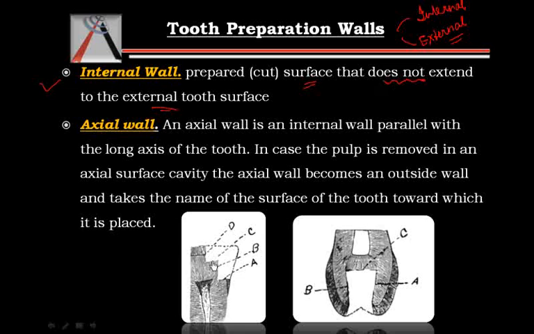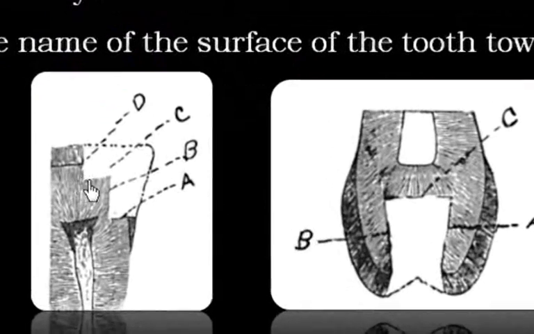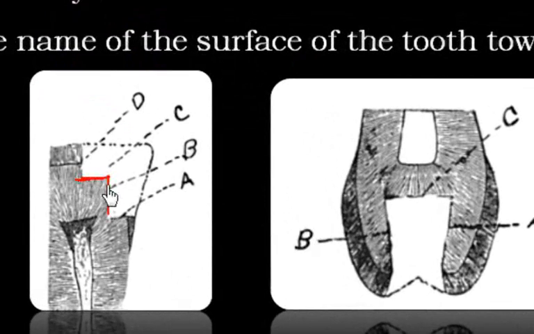So we can notice over here, this wall and this wall, which are not extending to the external tooth surfaces, are called as the internal wall. But if you notice these ones, these are the walls that are touching the external tooth surface. So these are called as external walls or outside walls.